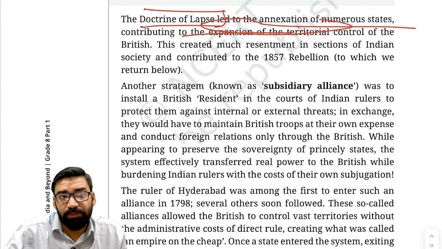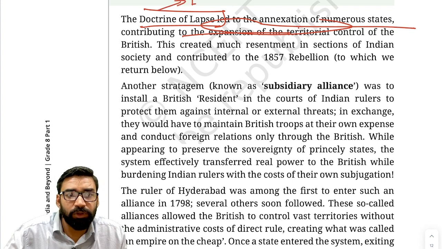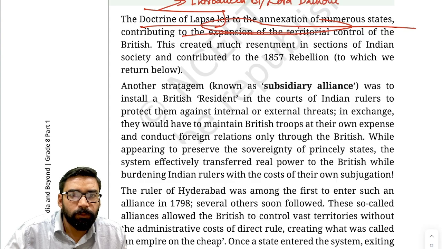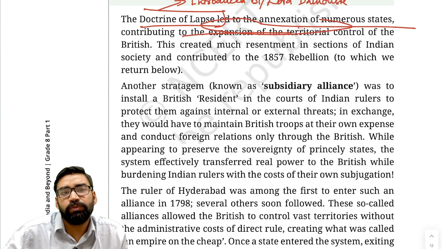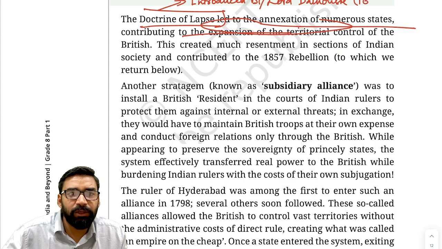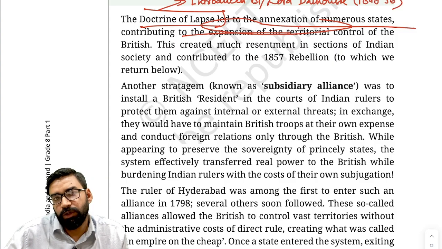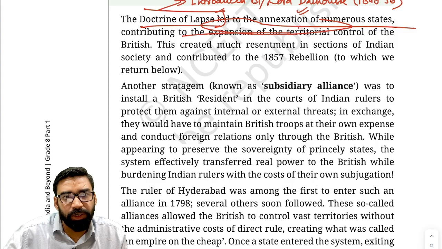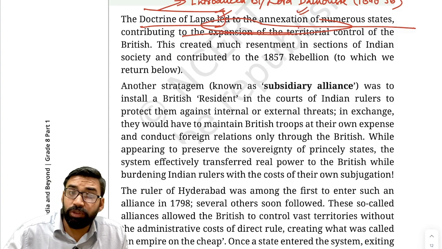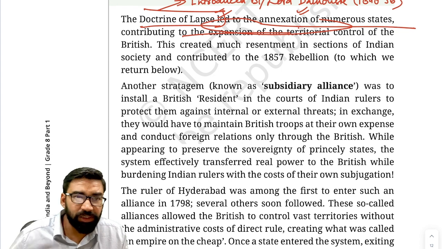And the doctrine of lapse was introduced by Lord Dalhousie, whose timeline was 1848 to 1856. When Lord Dalhousie came, he started this doctrine of lapse. It also played a very important role in the revolt of 1857.